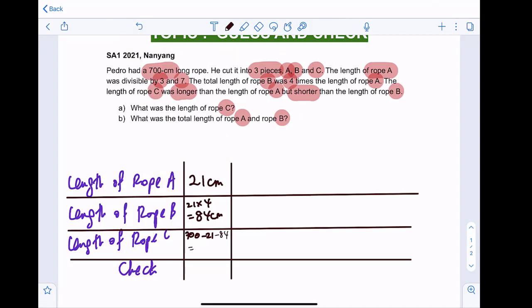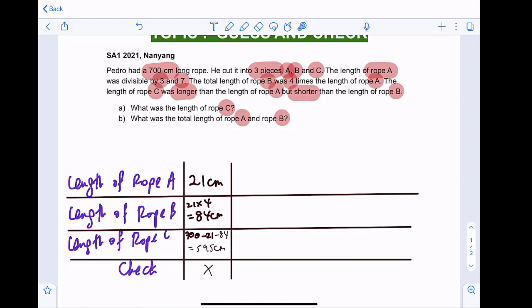This is quite a long length of rope. So is this a possible combination? Answer is no, because C must be longer than A. Yeah, it is longer than A, but it must be shorter than B. It is not shorter than B, so this is not a good option.